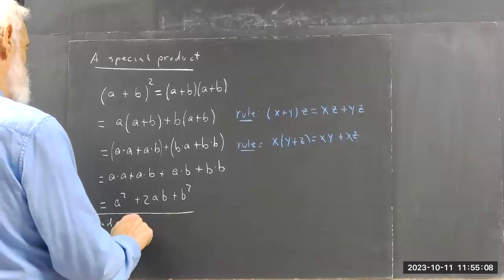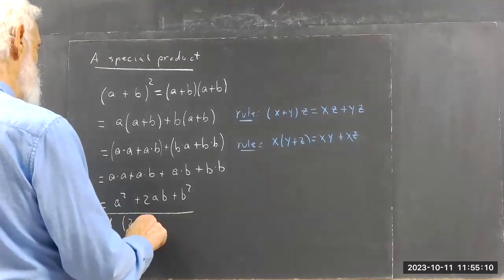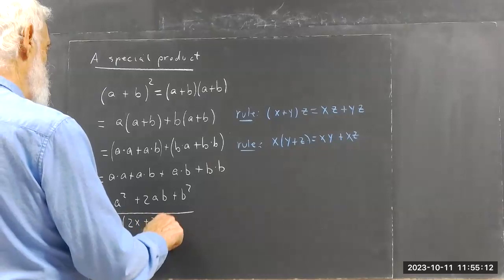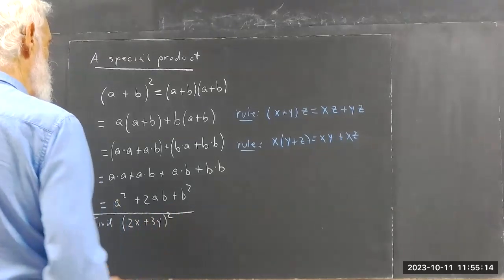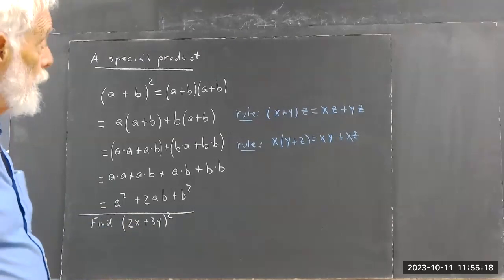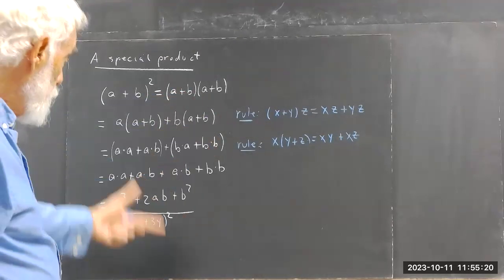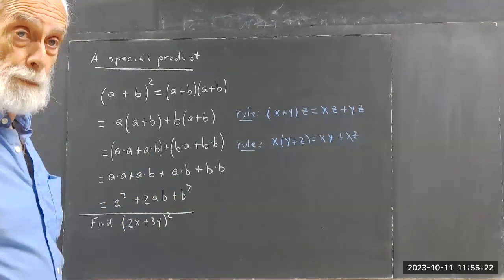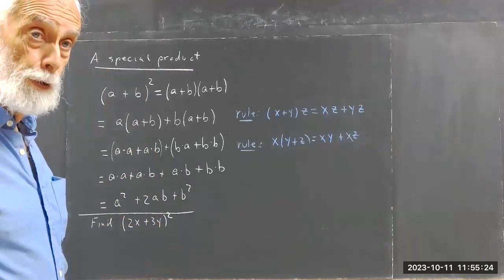Let's find the square of 2x plus 3y. And we could write out the distributive law and do it. It would look a whole lot like this, except we'd have some numbers to go along with it.